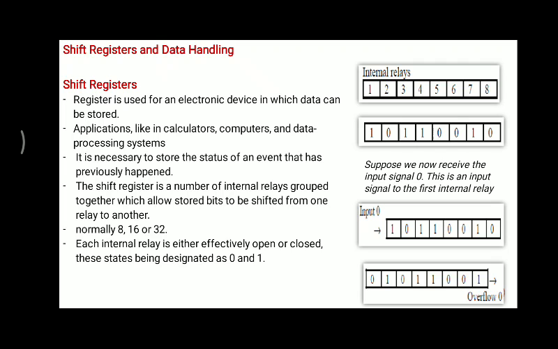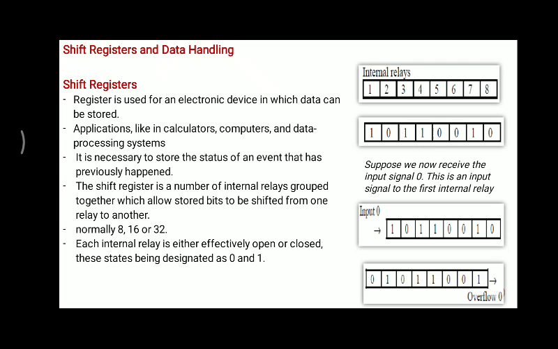In applications like calculators, computers and data processing systems, this shift register works. It is necessary to store the status of an event that has previously passed. The shift register is a number of internal relays grouped together which allow stored bits to be shifted from one relay to another. Normally we know 8-bit microprocessor, 16-bit microprocessor or 32-bit microprocessor.